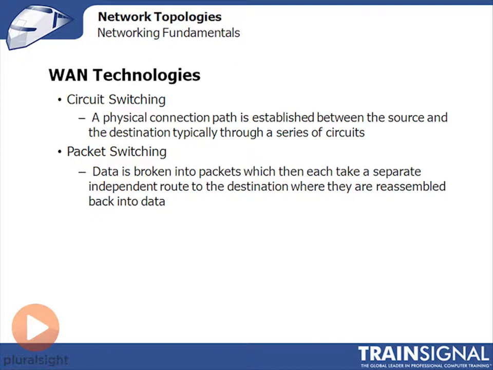Packet switching is where data is broken into packets, which can then each take a separate independent route to the destination, where they are reassembled back into data. So many of the WAN technologies that are out there are what's called packet switching technology.